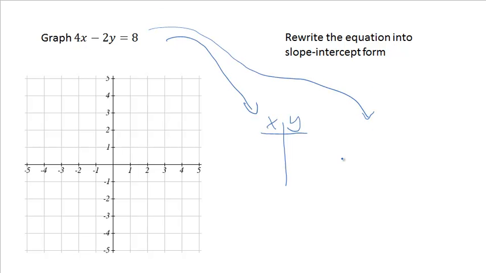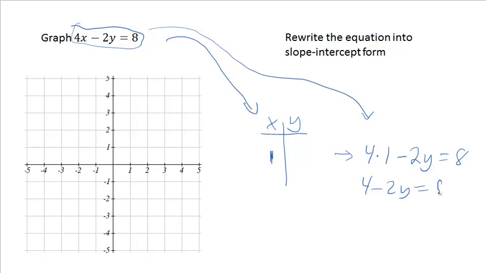I can say to myself, let's let x equal 1. So if x is 1, let's look at my equation here. So I'm going to take this thing, and I'm going to let x equal 1. 4 times 1 minus 2y equals 8. So 4 minus 2y equals 8.